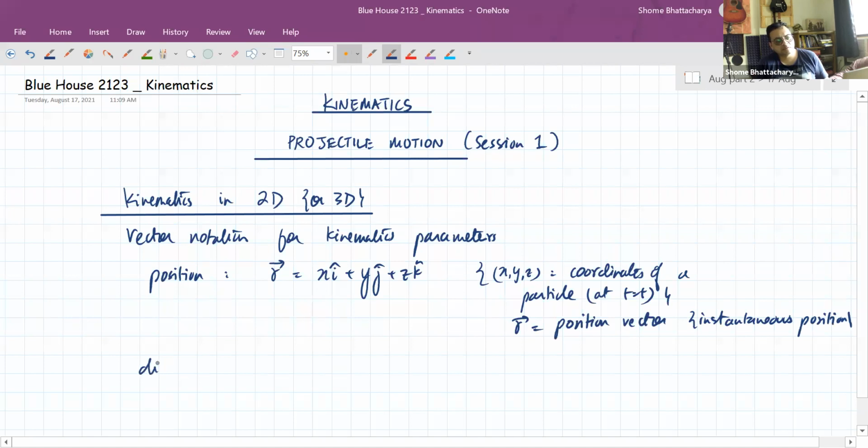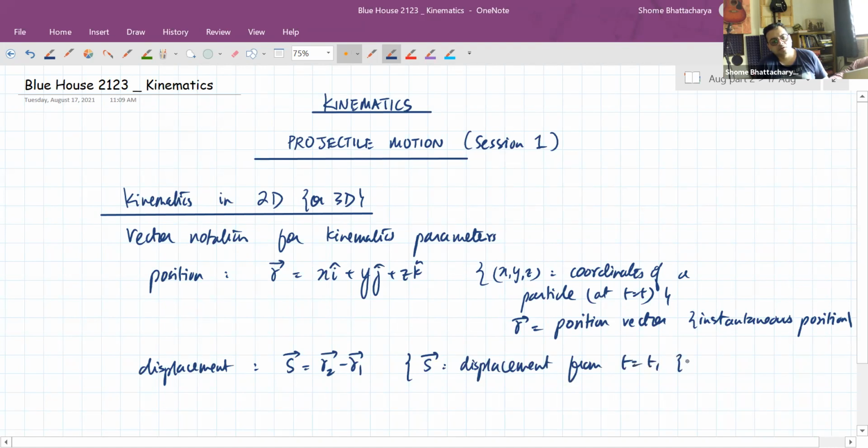Then displacement s just becomes the difference in position vector. s is the displacement from t equal to t1, when the position was r1, to t equal to t2, when the position is r2.